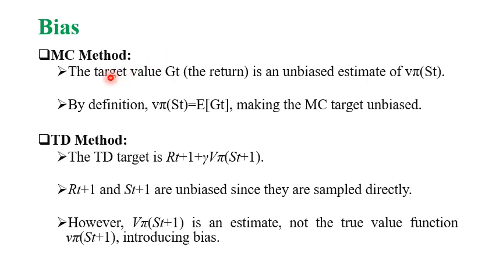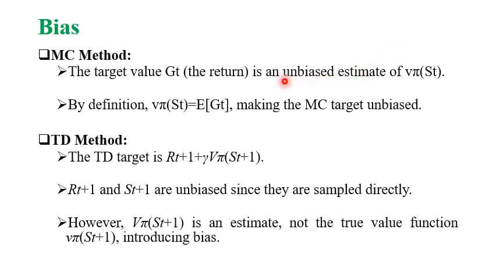In Monte Carlo method, as I discussed, we compute the return as the discounted sum of the rewards. There is absolutely no simplifying assumption here. We wait until the end of the episode and then compute the return.